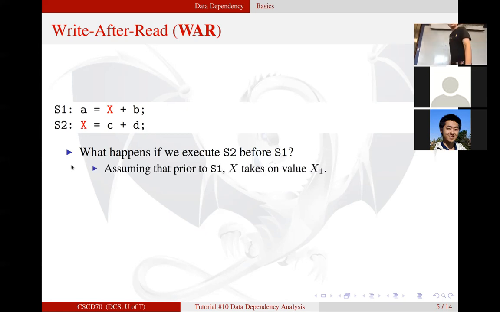Assuming that prior to the execution of S1, X takes on the value X1. In the baseline, A will take on the value X1 plus B after the execution.